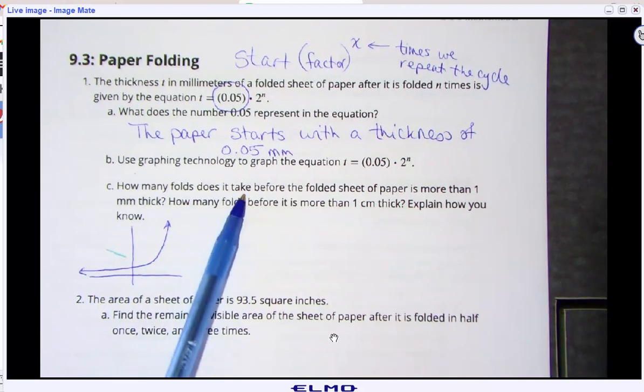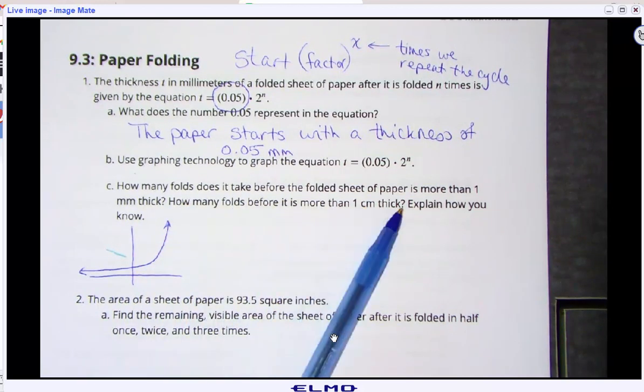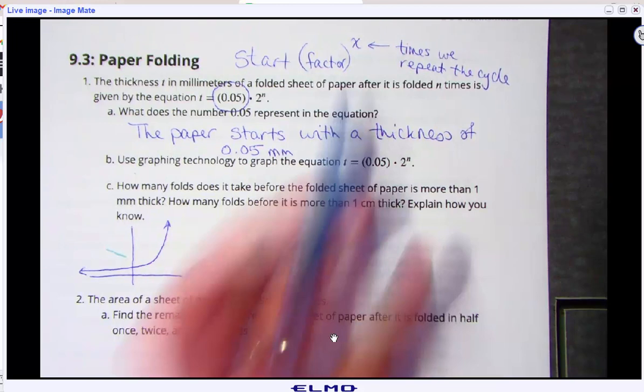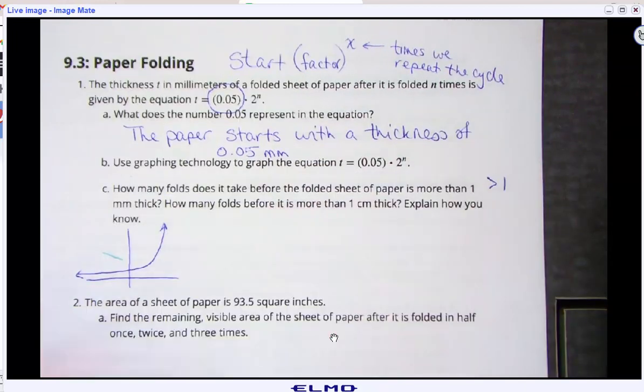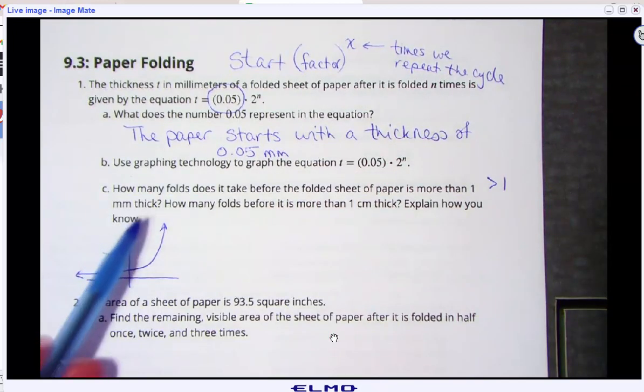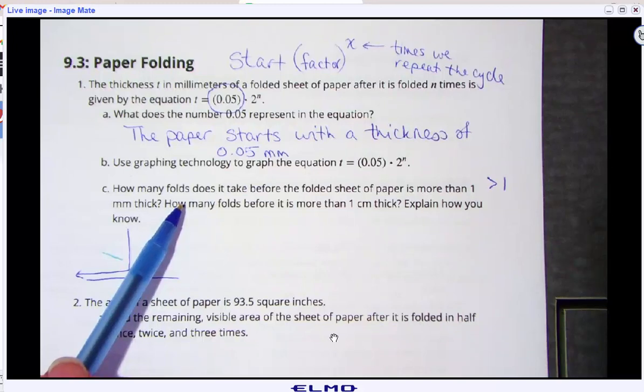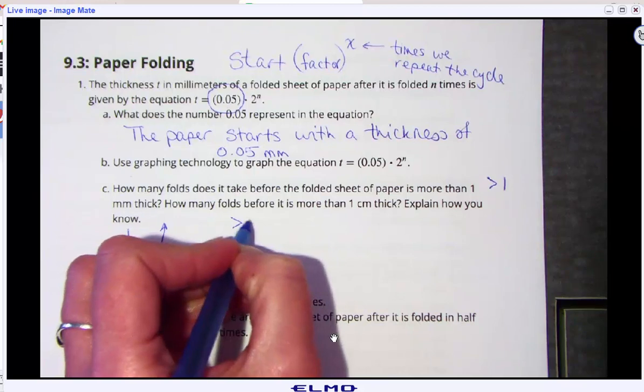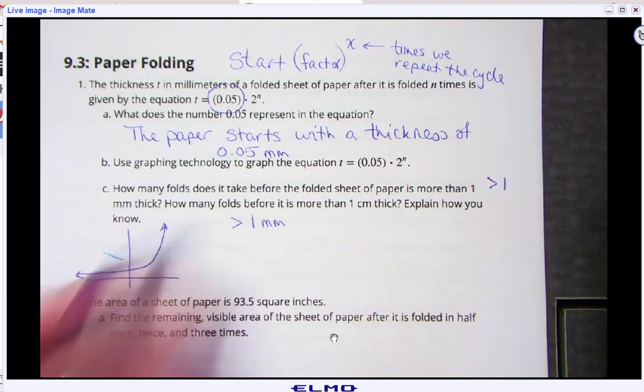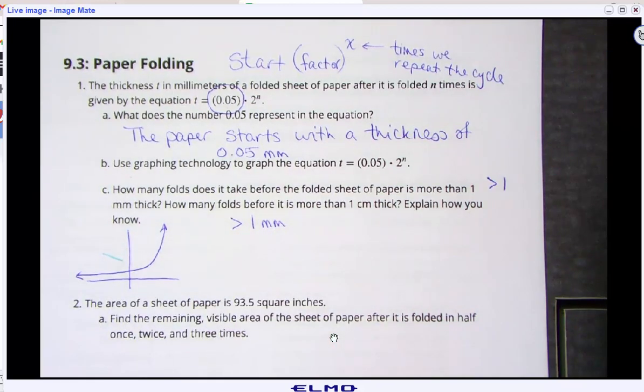How many folds does it take before the folded sheet of paper is greater than 1 millimeter thick? Let me start there by thinking of more than 1 millimeter. Right now, everything that we have is measured in millimeters.